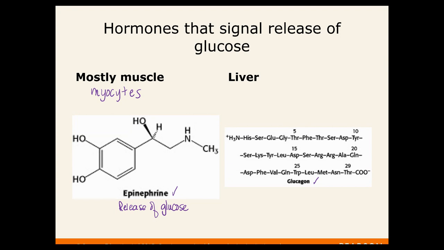Okay. And let me just back up a bit. I know we haven't done this section. It's our next one. What do I mean by the release of glucose? I kind of misspoke a second ago. The release is from glycogen.